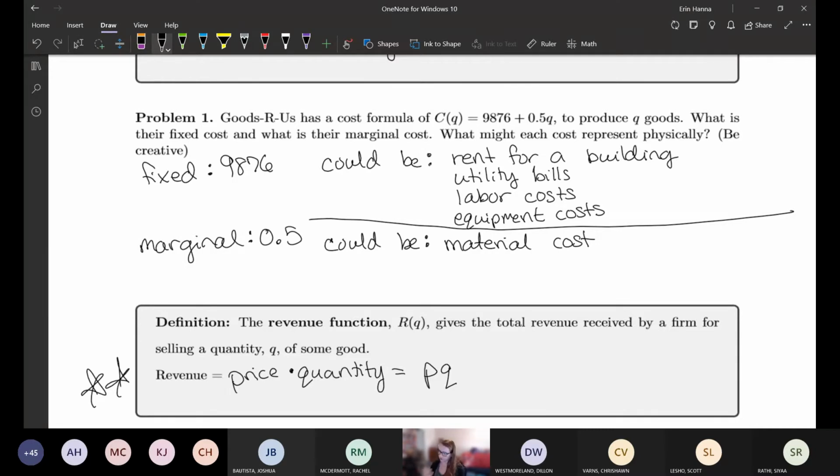We'll eventually talk about supply and demand functions. And sometimes if you know the demand function, you can then find the revenue function by remembering that revenue is price times quantity. Which makes perfect sense because the amount of money you make from selling Q amount of things is how many things you sold times how much each sold for. Price times quantity.